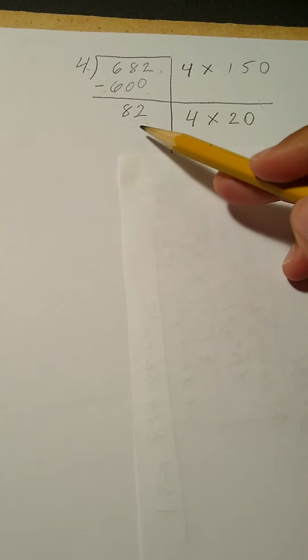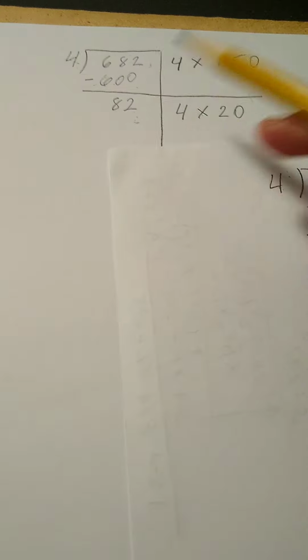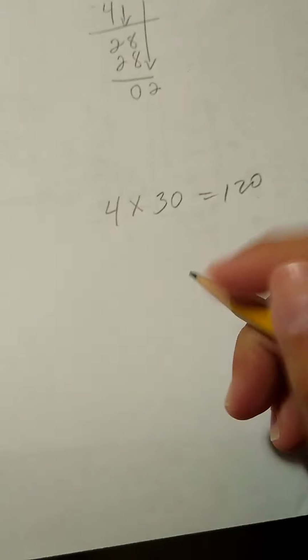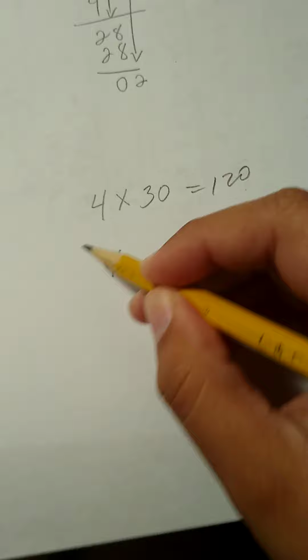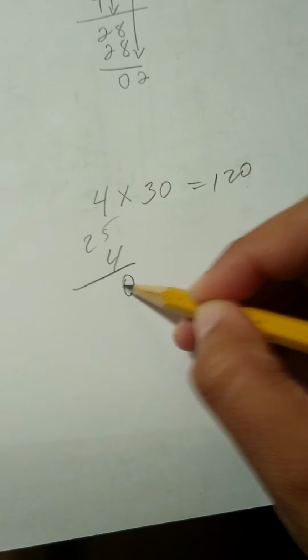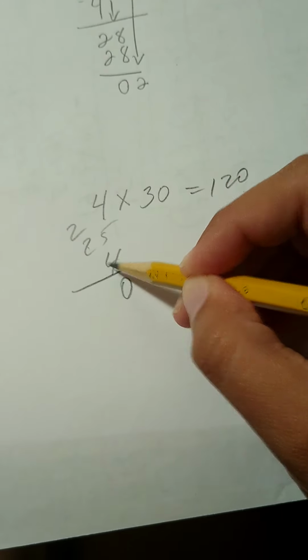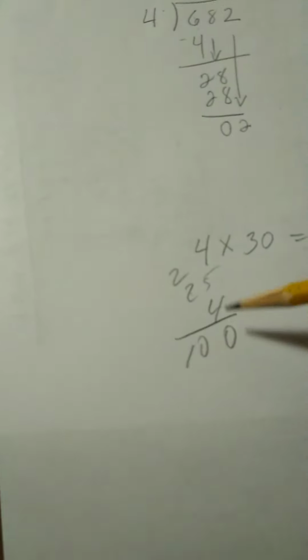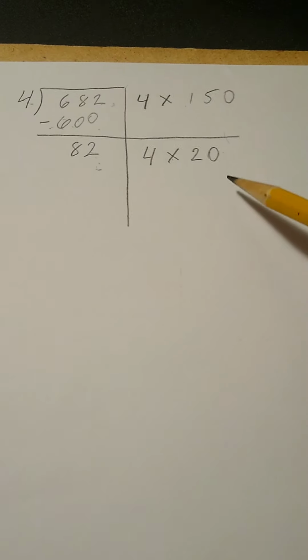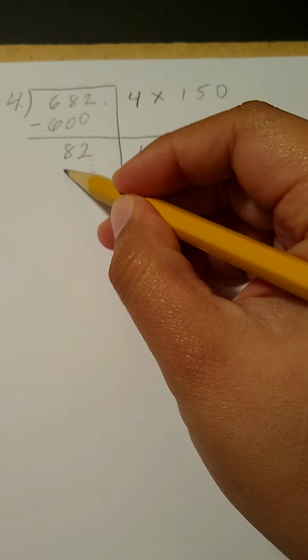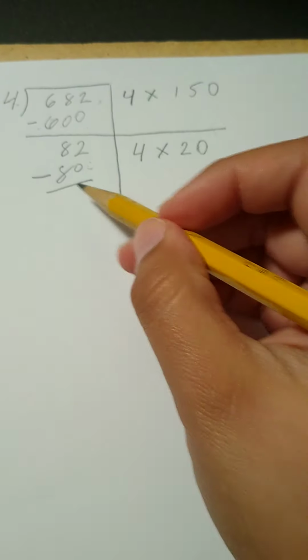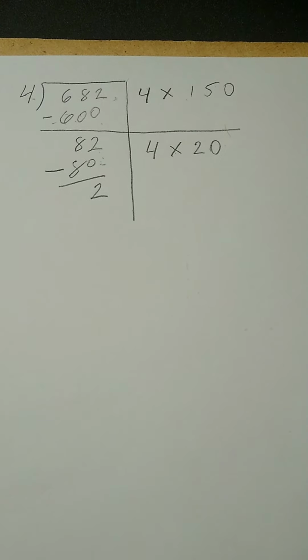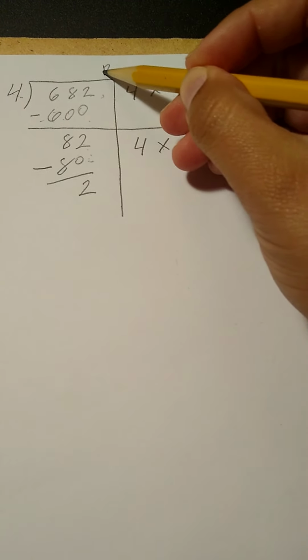That will be too much. We need something near 80. Now, if we do 4 times 25, what do we get? 100. We're still going over 100, and we need 82. So 4 times 20 is 80. And of course, subtract, you have 2. And this is your remainder.